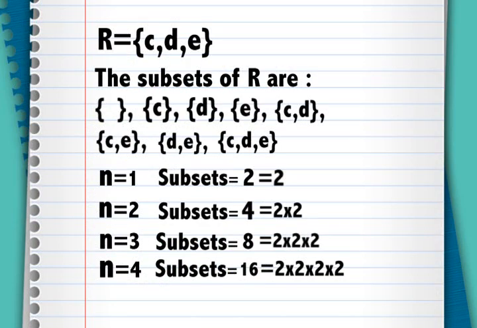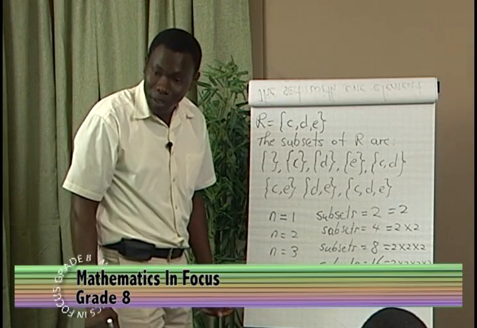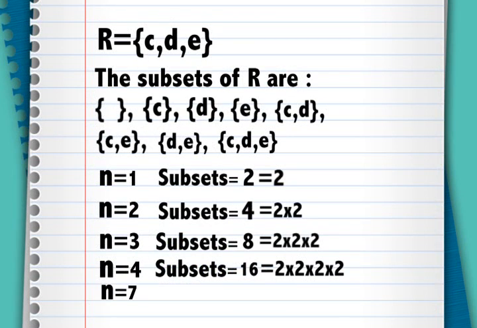So for example, if n is equal to 7, it means the number of subsets will be 2 times 2 times 2 times 2 times 2 times 2 times 2. Do we have 7 2's there? Yes, we have 7 2's here.